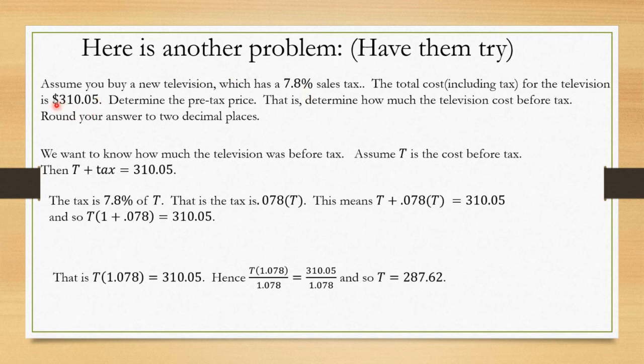In other words, we're paying 107.8% of the cost of the TV. That's what this is, and this calculation confirms that. And from there, we can get T. So it's just another way of thinking about it. Showing your calculation is important, of course, so that I know you know what you're doing.